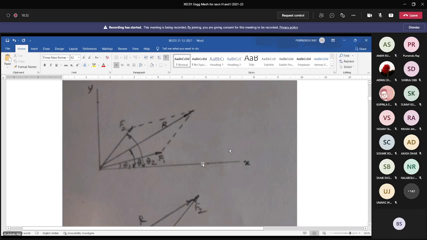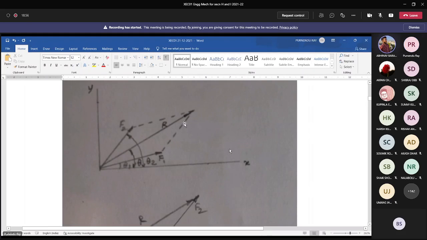When you join these two points, you are locating R, not F2. R cos theta is parallel to F2, they are equal. I shifted the vector F2 to the dotted line, and we have shifted this vector from this location to this location.